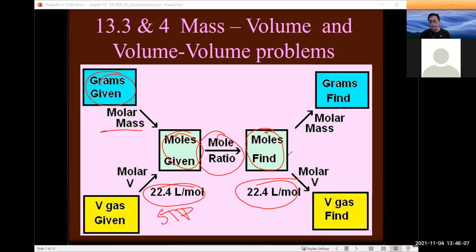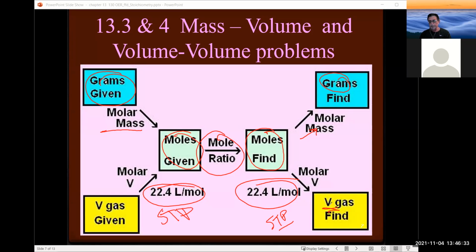we have two choices here. We can go down, bottom right, if we are at STP, to figure out the volume of the gas that we created. Or we can go up with the molar mass to give us the number of grams, okay? So we can go from the top left to the bottom right. Keep in mind, I'm going forward direction, but you can go in the backward direction too.